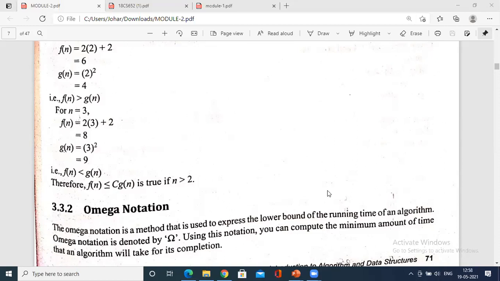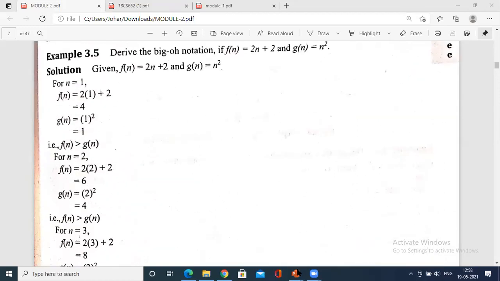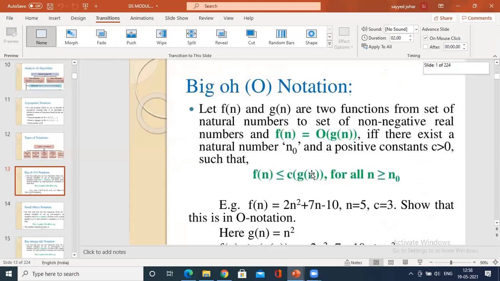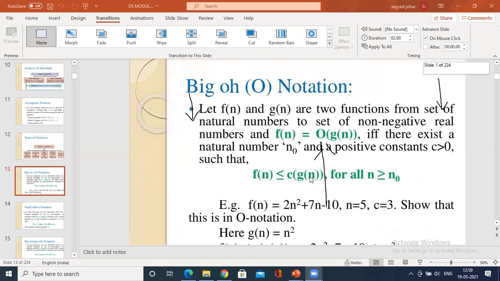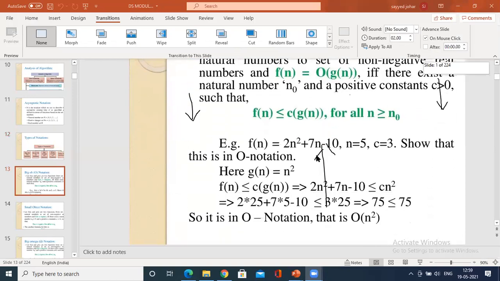Okay, let me continue. Similarly, there are three notations. In fact, practically when you study data structures, we have these kinds of notations. But since at the basic level you are going to study big O, omega, and theta, not small o or small omega, let us not have any confusion.